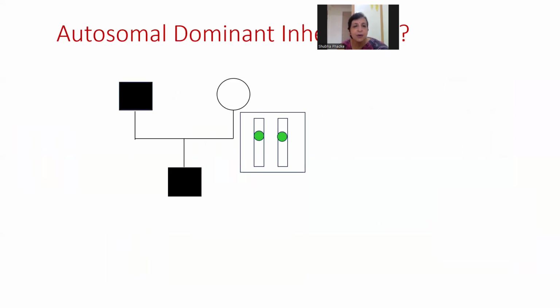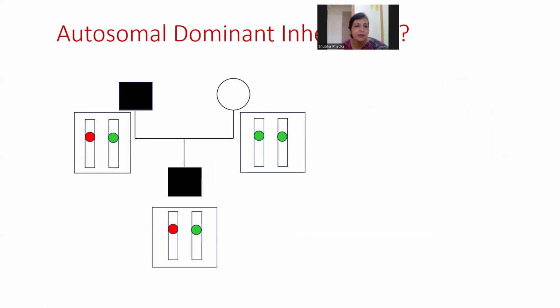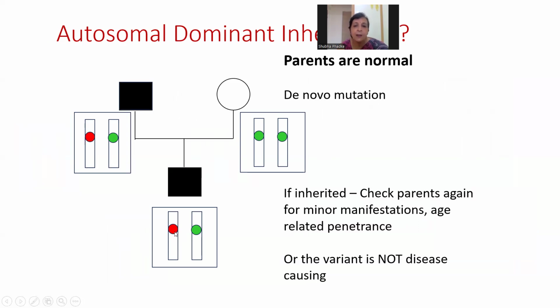In case of autosomal dominant, if you see that father and son are affected, then both of them should have the disease causing variation reported by red. But if the variant is not disease causing, and the normal father also has it, then probably this is not disease causing, because here both parents are normal, so the disease causing variation should be present only in the son, but here you can see it is also present in the father.